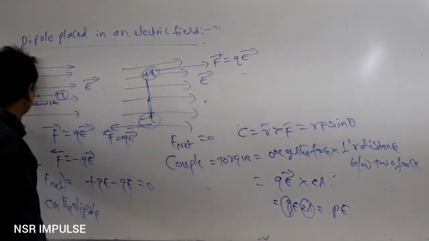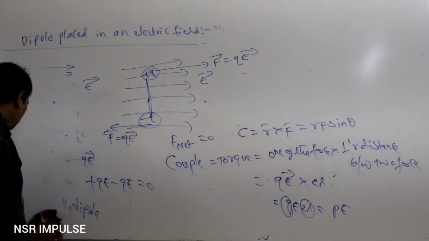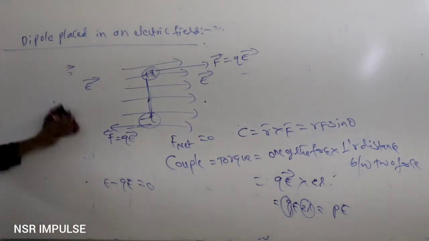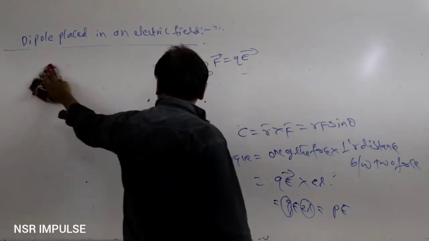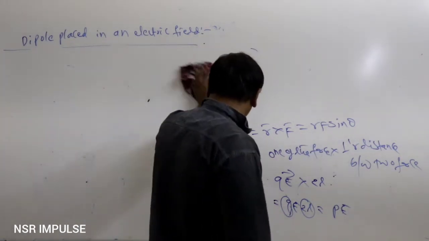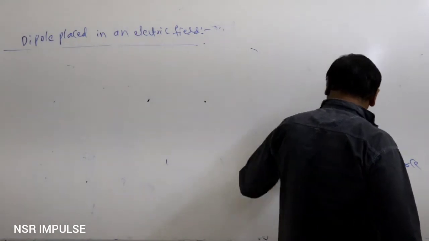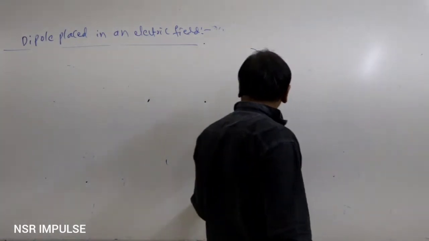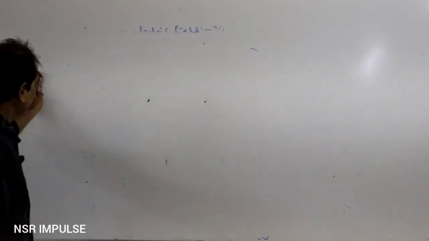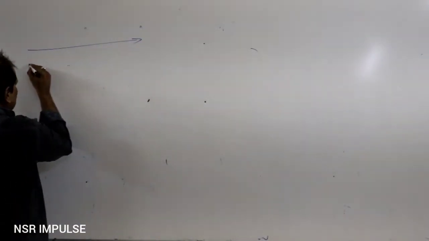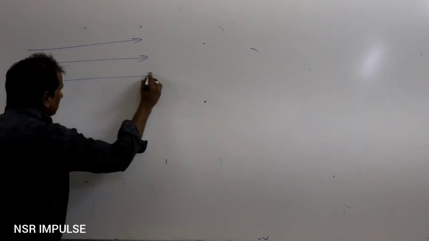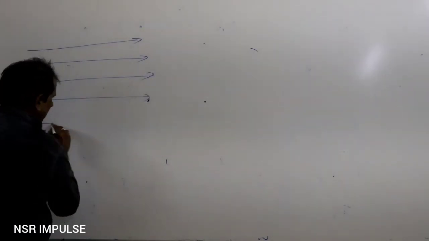If it is placed inclinedly, let us consider the third case. In the same topic, now the dipole is placed inclined to the electric field. This is the electric field, considered in this manner.